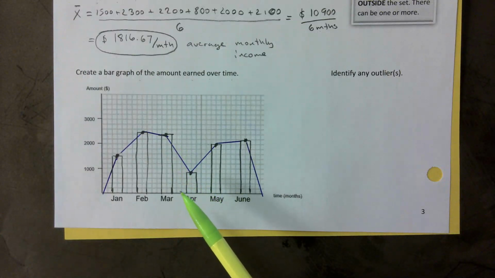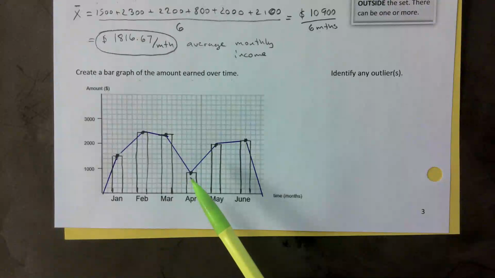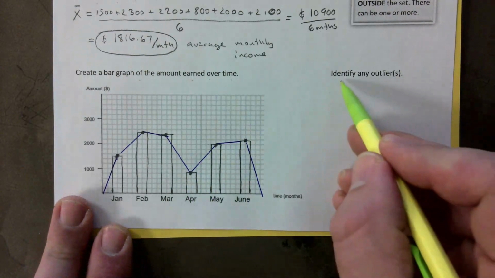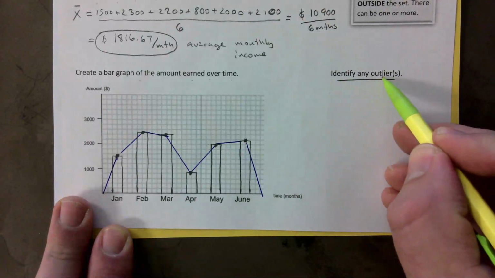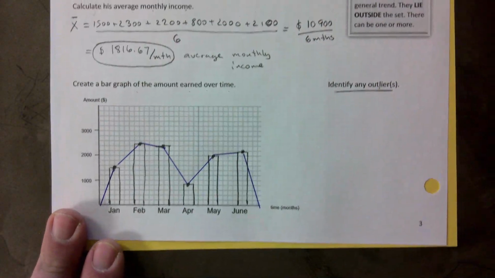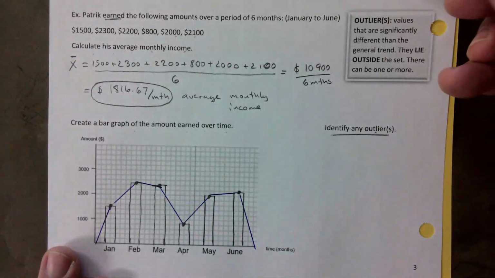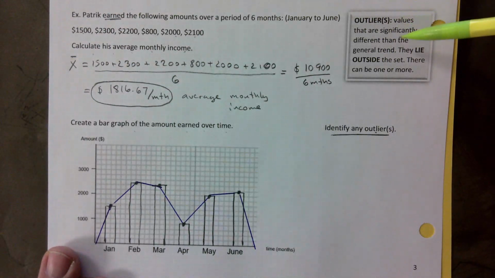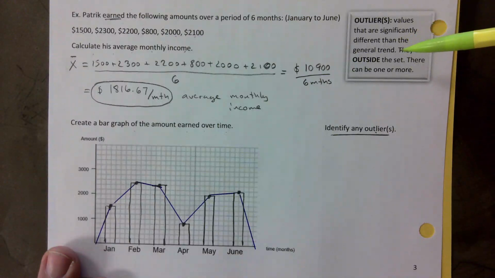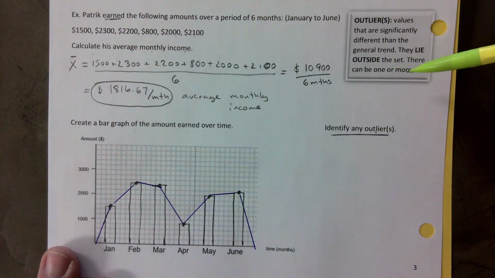I'm going to ask you sometimes, what do you observe? April is the lowest. That is considered our outlier. What are outliers? Let's read it up here. Values that are significantly different from the general trend. They lie outside the set. There could be one or more.